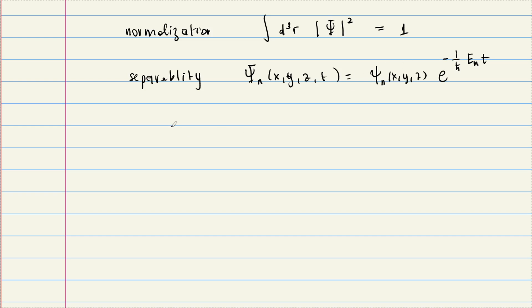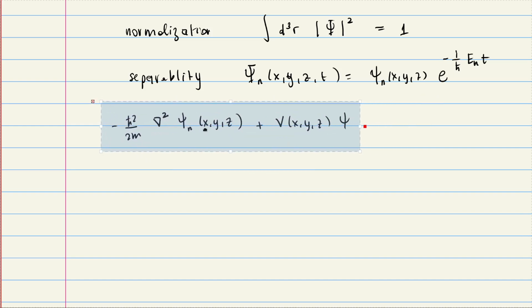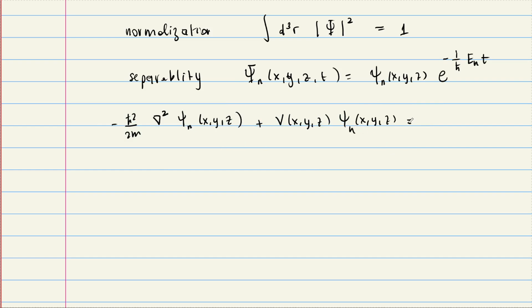And this part is going to be found from the time-independent Schrodinger equation, which is, let me also write it, minus h bar squared over 2m del squared psi n of x, y, z plus V of x, y, z psi n of x, y, z is equal to En psi n, the same thing. Good.